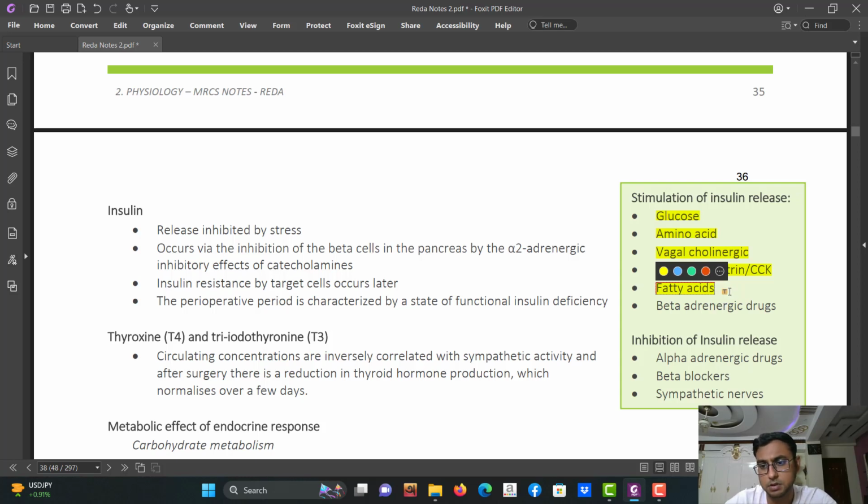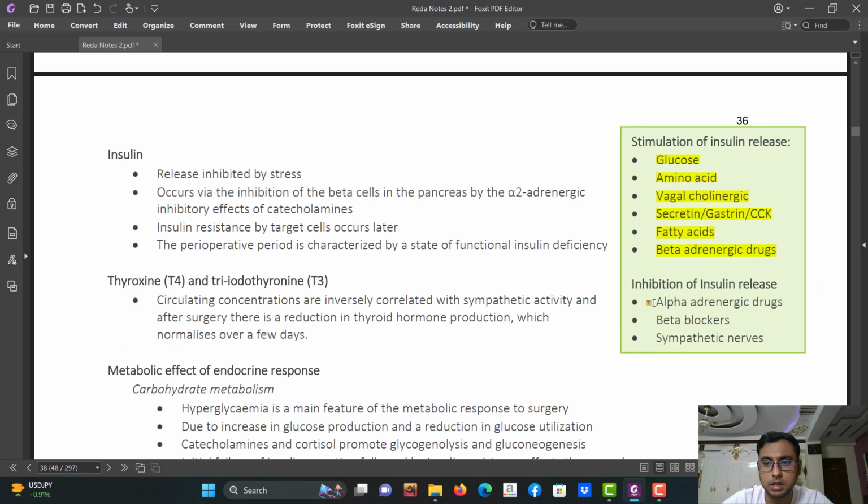These are all foods that increase stimulation of insulin release. And inhibition of insulin release is by alpha adrenergic drugs, that is beta blockers, and sympathetic nerve stimulation, that is a stressful condition, and alpha adrenergic effects, which are all catecholamine related effects.